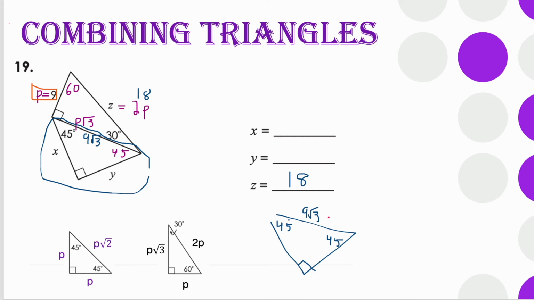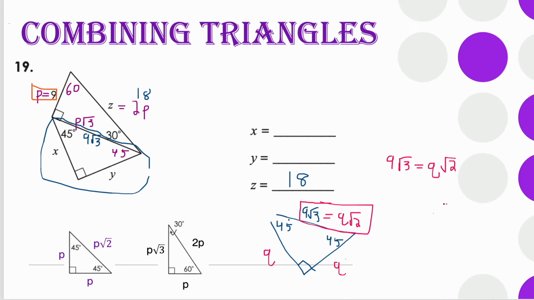If you want to use p again here, you can, but I'm just going to use q just because we already used p in this problem. So our hypotenuse is q root 2, and our sides are q and q. So we could use this top equation and set 9 root 3 equal to q root 2.